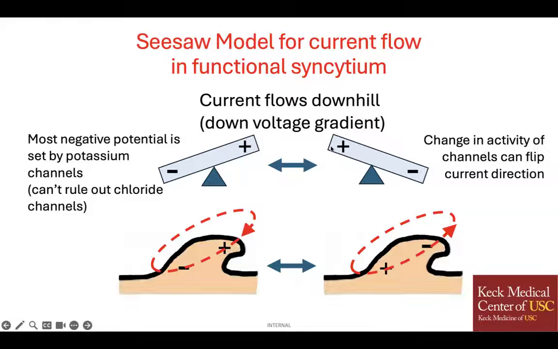Now, how would a change in direction occur? Well, if we could change which of these regions is more negative, then we could change the direction. We haven't worked out exactly which channels are responsible for this change in direction, but we think we have a hunch. We're still working on that hypothesis today.